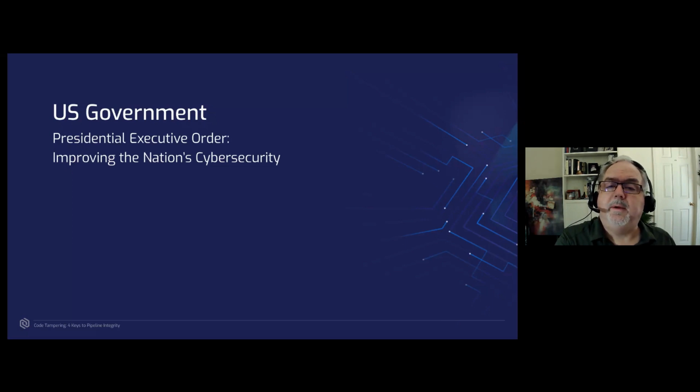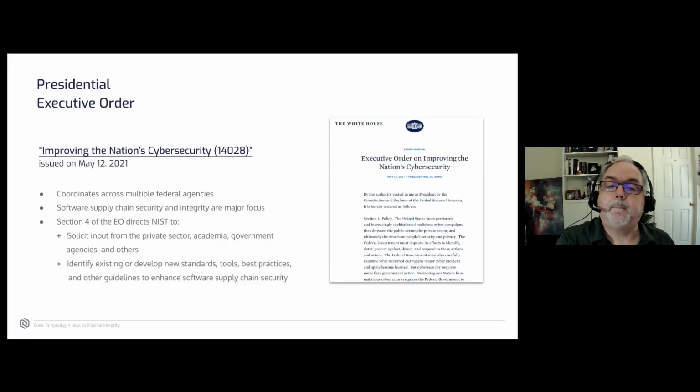We also have some interesting research and recommendations coming from the United States government. The President's Executive Order on Improving the Nation's Cybersecurity, otherwise known as EO 14028, charges multiple agencies with enhancing cybersecurity through a variety of initiatives related to the security and integrity of the software supply chain.